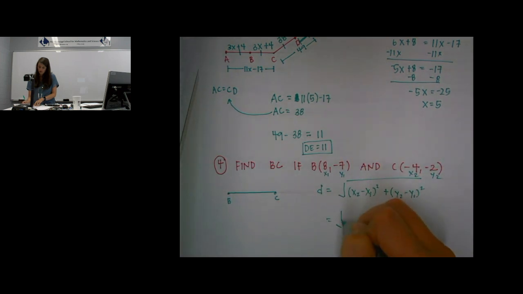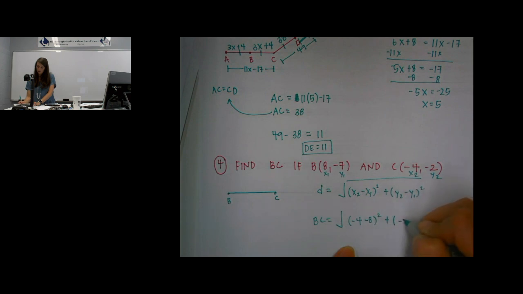So the distance here for BC is going to be your x2, so negative 4 minus 8, all of that squared, plus negative 2 minus negative 7, squared. So negative 4 minus 8 is negative 12 squared.